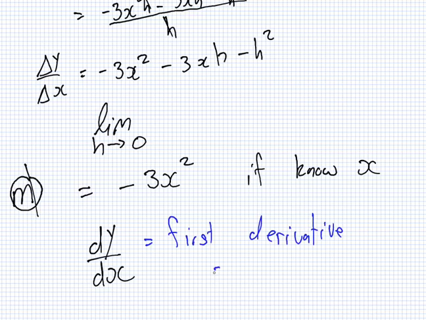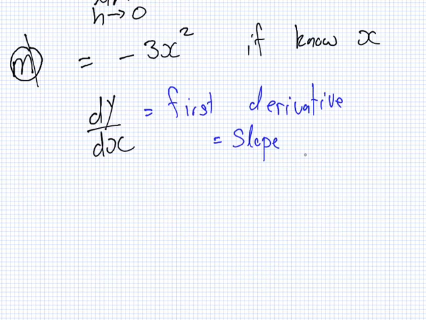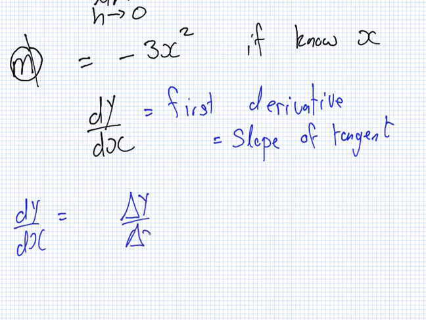And the first derivative is the slope of the tangent. In other words, the slope of the tangent is the approximate slope of the tangent by using 2 points. Then you make the 2 points become 1 point by sending h to 0.